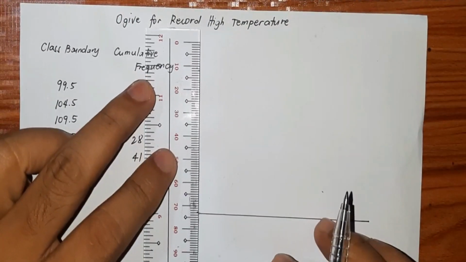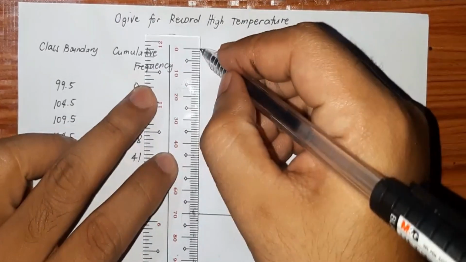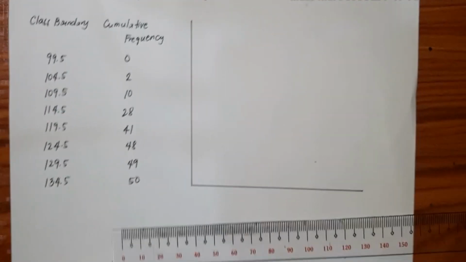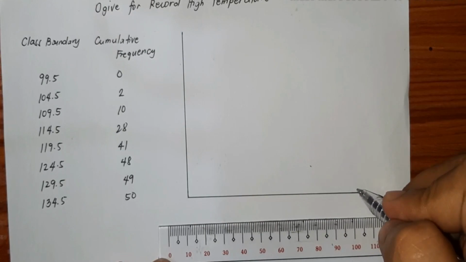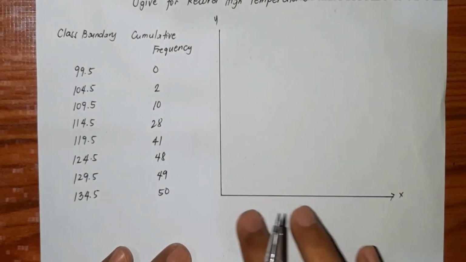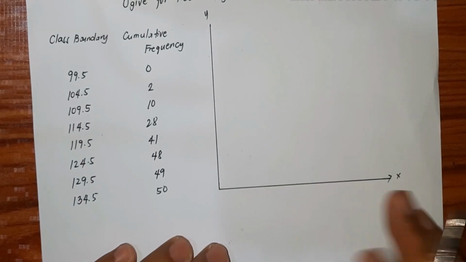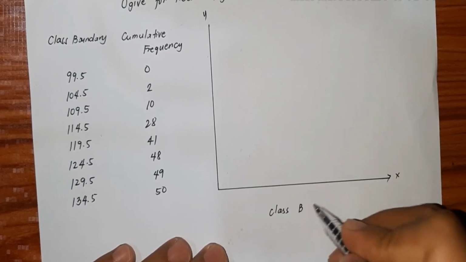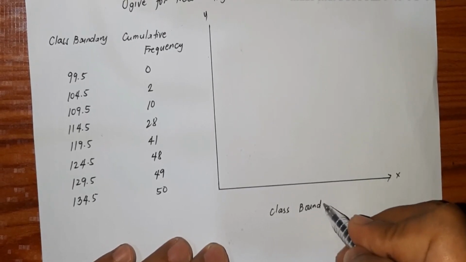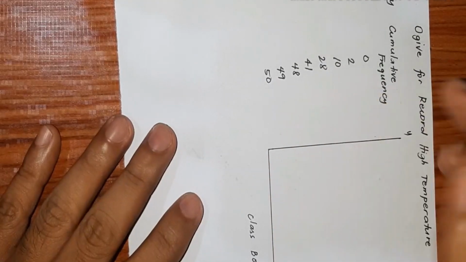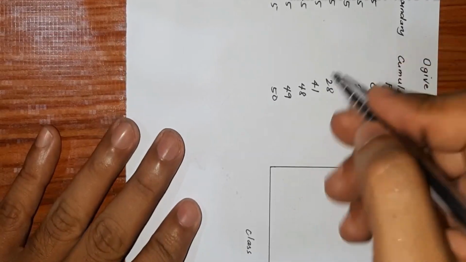Label this one as X and then this is Y. So yung lower part na to, ito yung class boundary natin, at ito namang vertical line na to, ito yung cumulative frequency.